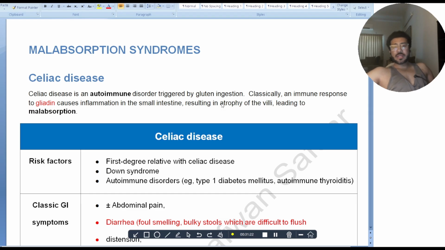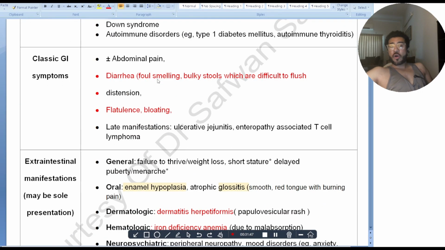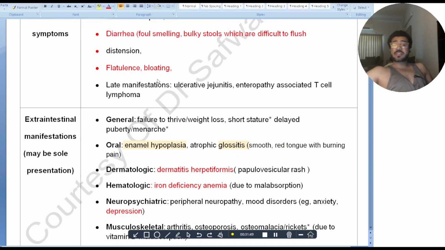So the high yield things that you need to remember about celiac disease are which part of the small bowel is involved the most, and biopsy of which part would be done in order to confirm celiac disease. Celiac disease has certain symptoms, but in order to confirm it, you need to perform a biopsy, and the biopsy would be of the proximal jejunum.